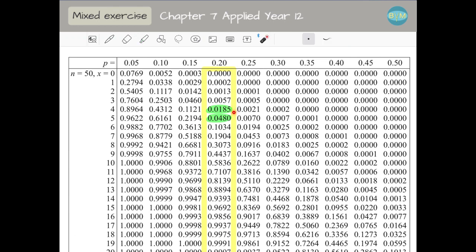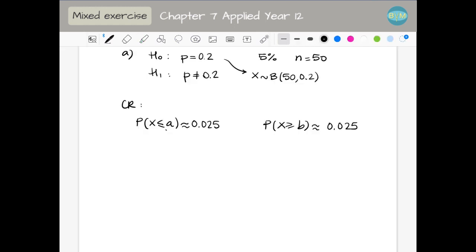You can subtract from 0.025, and the closest is the 0.4. Yeah, that's the closest, which means this a is 4. So my critical region here is going to be X smaller or equal than 4.